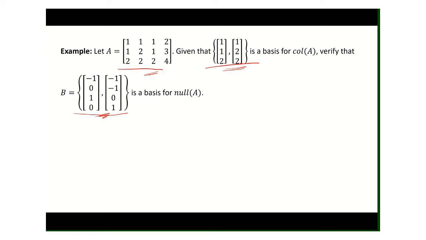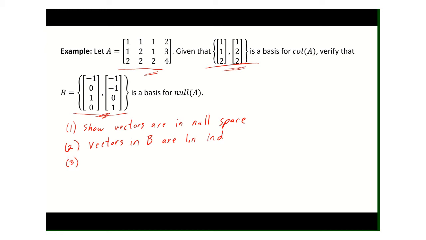If you remember from last time, if we want to verify something is a basis for the null space, we have to do 3 things. We have to show the vectors are in the null space. We have to show that the 2 vectors in what we claim are the basis are linearly independent.